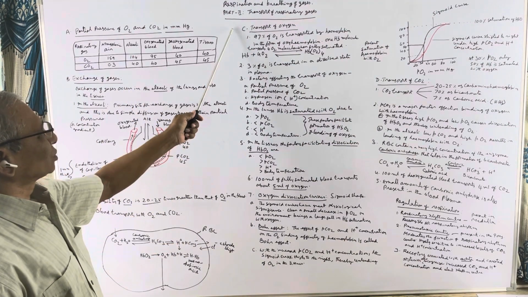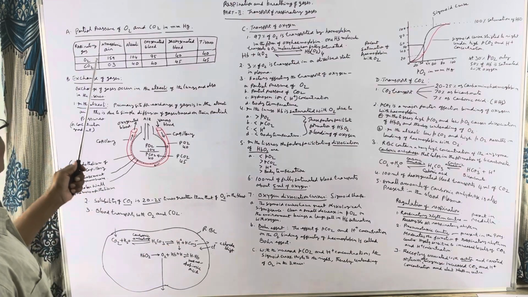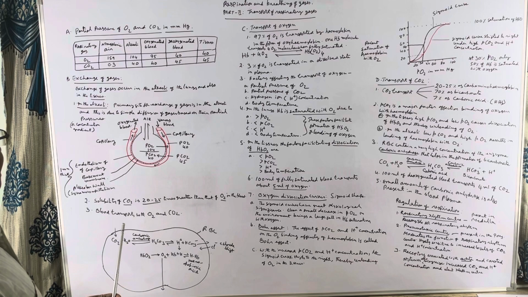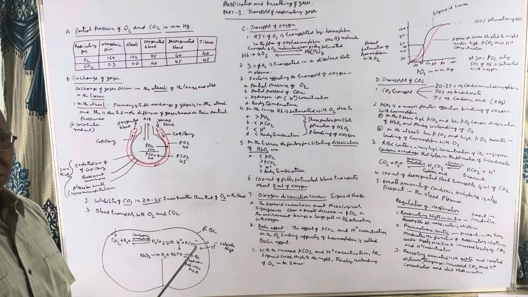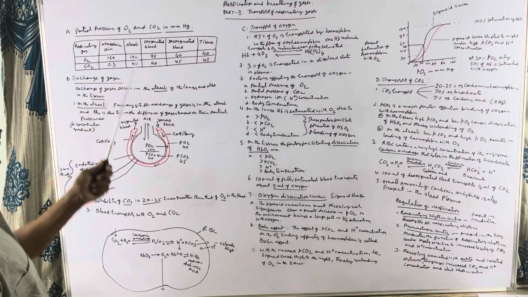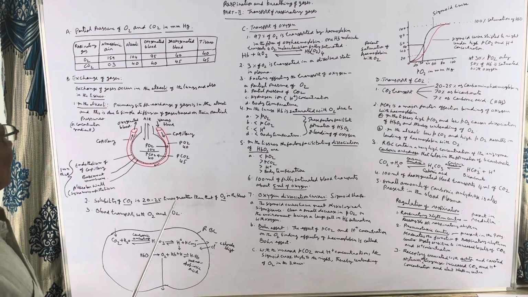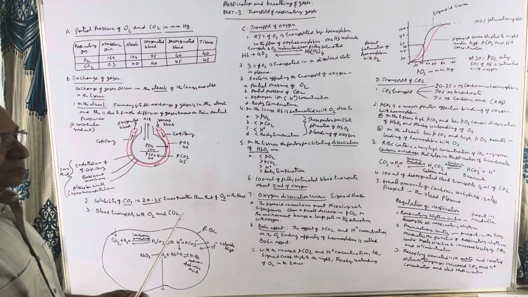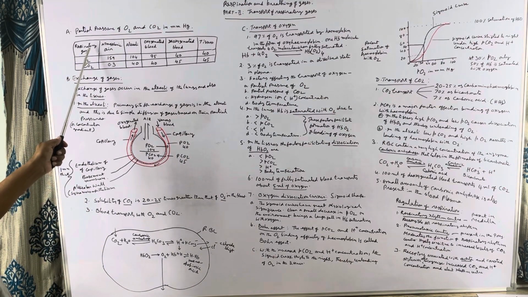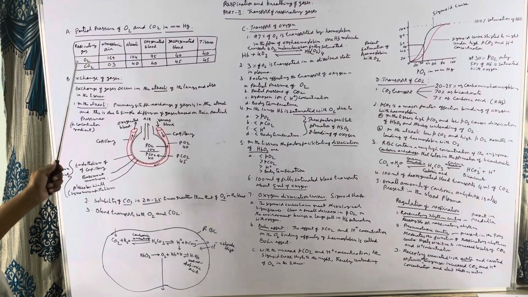Before we know the transportation of the gases, we have to understand the partial pressure of oxygen and carbon dioxide present in the various parts of the body. So the partial pressures are always measured in mmHg. Now, the respiratory gases are oxygen and carbon dioxide.